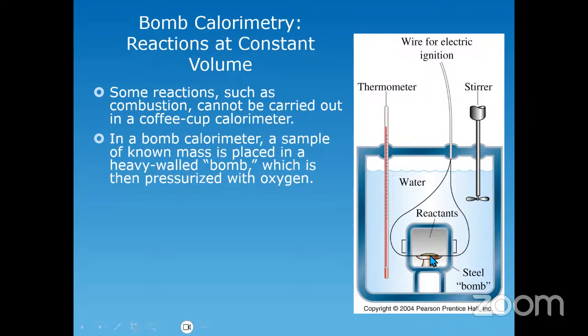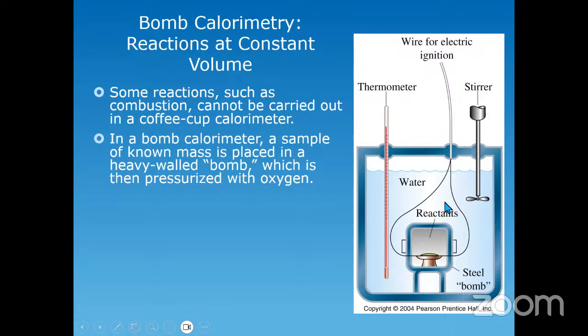When you ignite it, for all organic compounds, you're going to get heat generated, carbon dioxide and water as well, and maybe some other compounds depending on the composition of the organic compound. In any case, the heat generated here will pass through the walls of the steel bomb and enter into the surrounding water right here, where you have your thermometer and your stirrer.